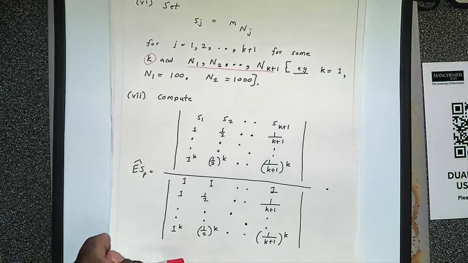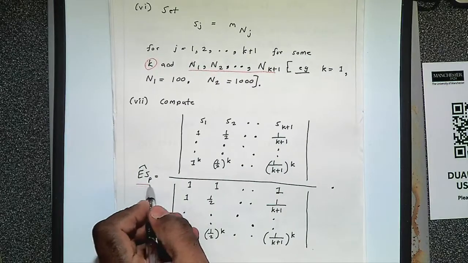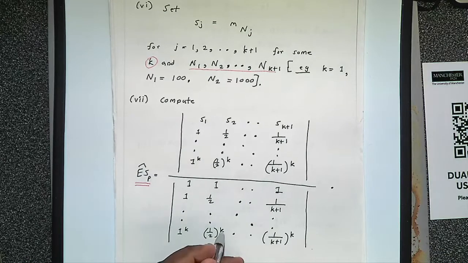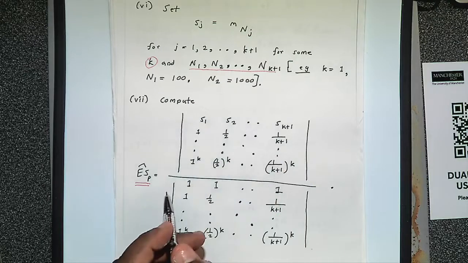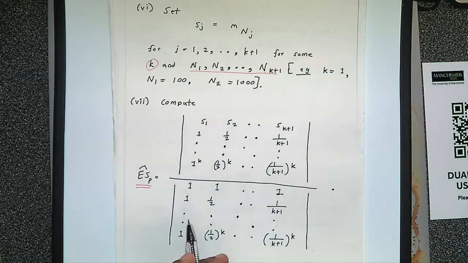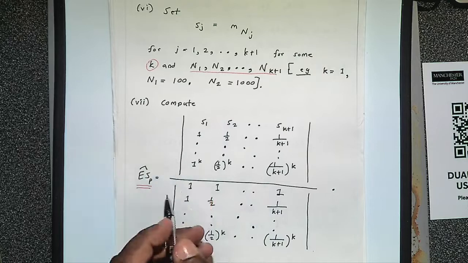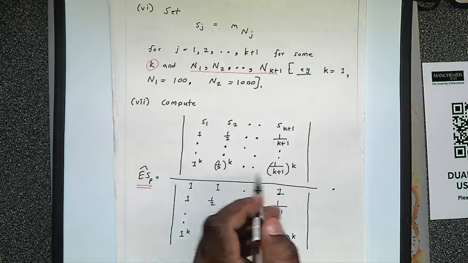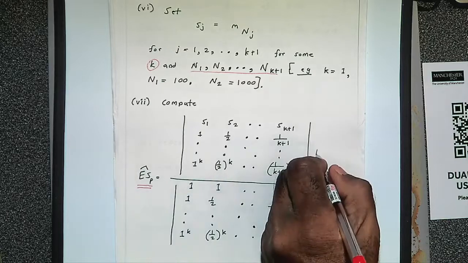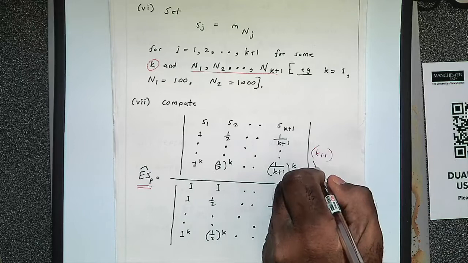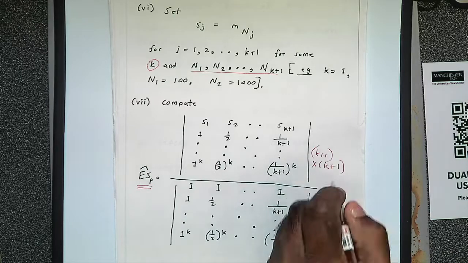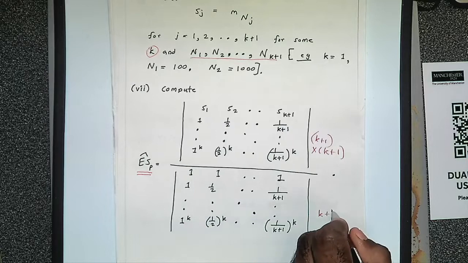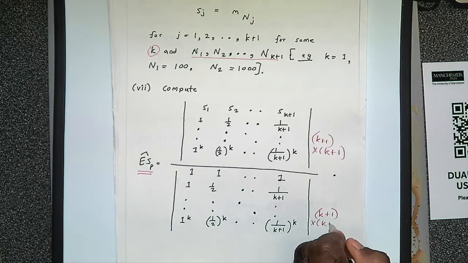And the very final step is to define expected shortfall as the ratio of these two determinants. What you have here is a determinant, and what you have here is a determinant. This matrix is k plus 1 times k plus 1, and so is this one, in dimensions.